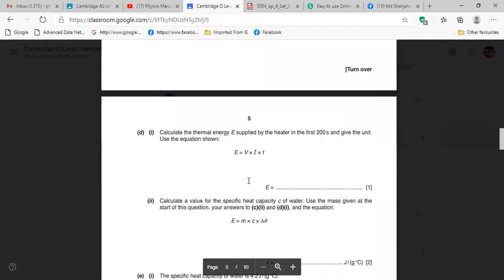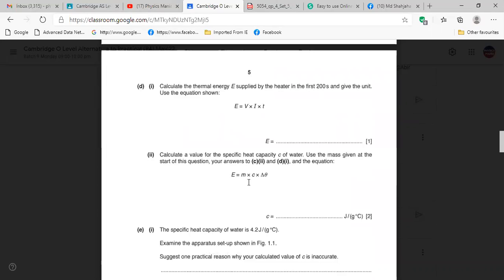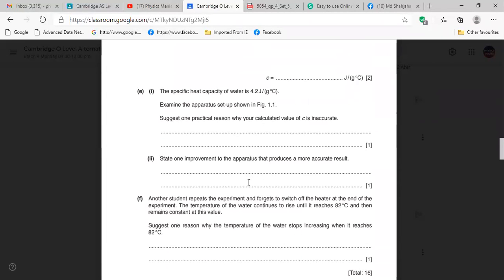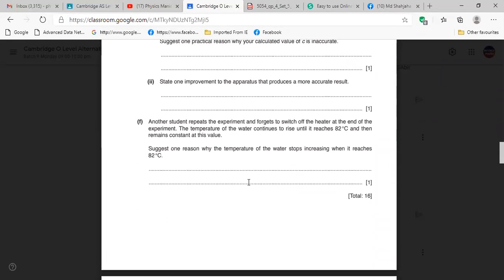Then this formula will apply, E = mc delta theta, this formula you know. So try as much as possible.